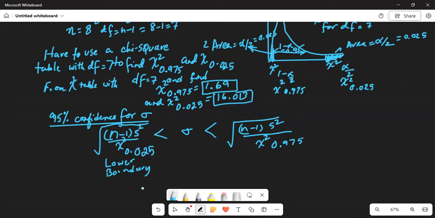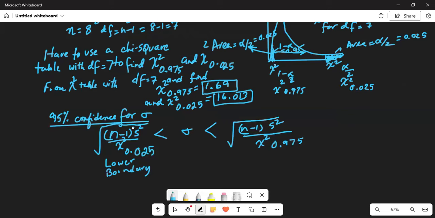So if we plug in, the lower boundary is divided by chi-square 0.025, which is the right critical value, and the upper one is divided by chi-square 0.975, which is the left critical value.